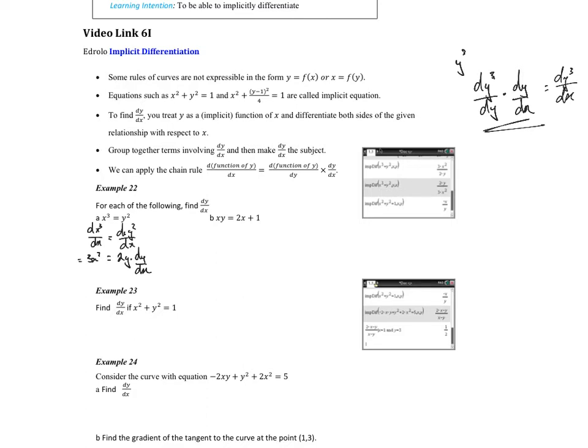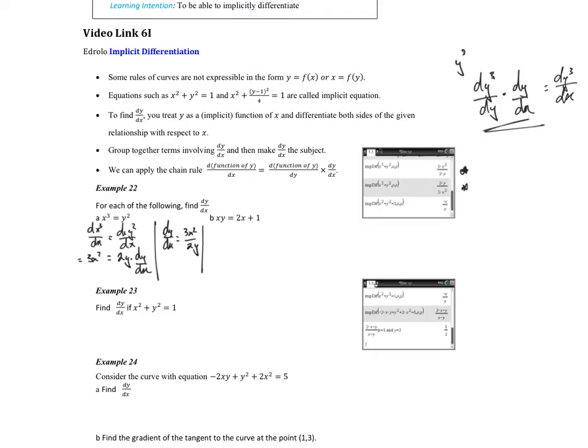Okay, so now I rearrange that, and I see dy dx is equal to 3x squared on 2y. Okay, so if we come across here to look at the calculator instruction where we implicitly differentiate, the order in which we put the variables x and y is significant.